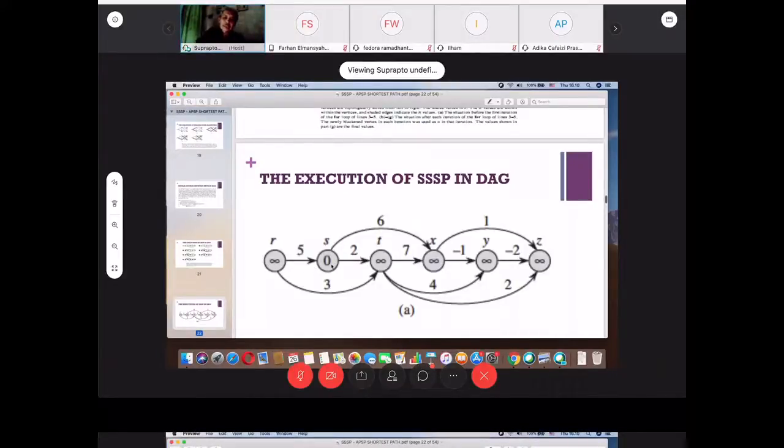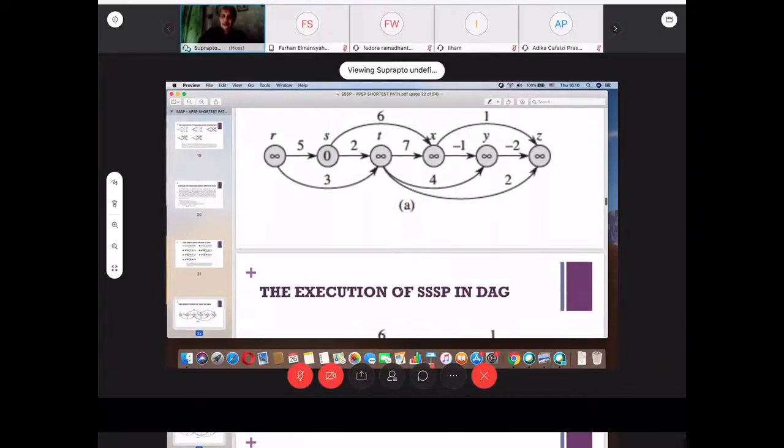Except for S. The value of S is 0. It's done by the initialize single source, right? Especially for S, because S is the source. And the others are set to infinity initially.